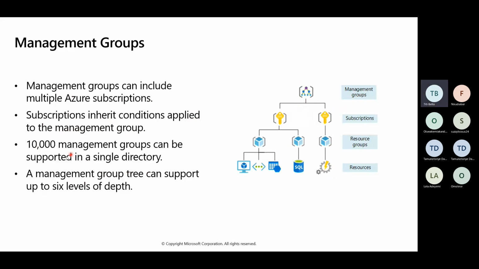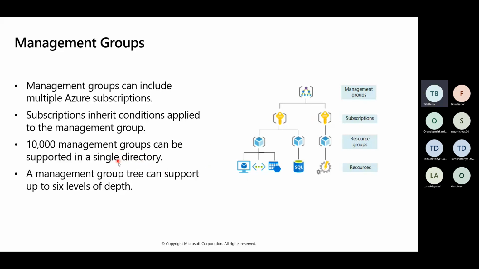In Azure, 10,000 management groups can be supported in a single directory. That's in a single Azure directory. Remember that the moment you create Azure, there's an Active Directory that is also tied to it for you to be able to manage user access, privileges, and permissions on the resources you'll be creating in Azure.